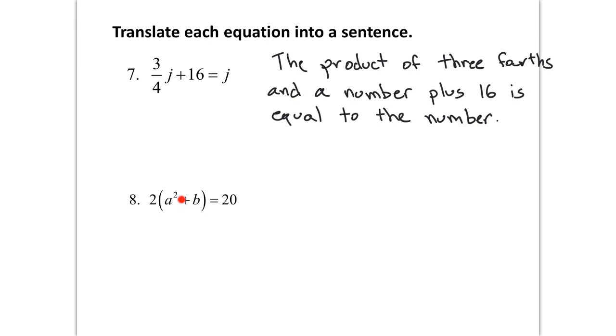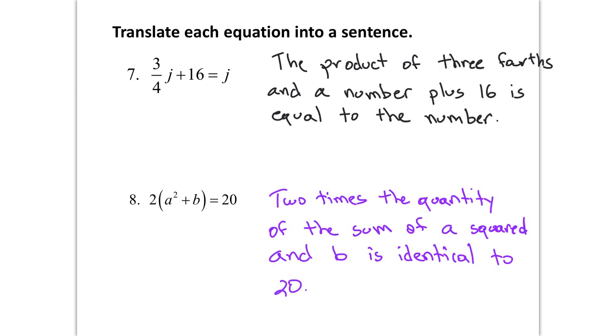The sum, so we do have addition, equals 20. So here's an example of a sentence that represents that equation. 2 times the quantity of the sum of a squared and b is identical to 20. So that sentence represents the equation that we have here.